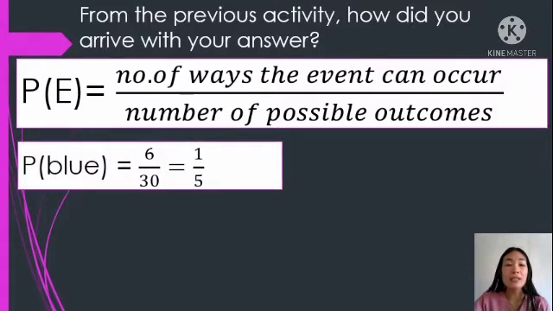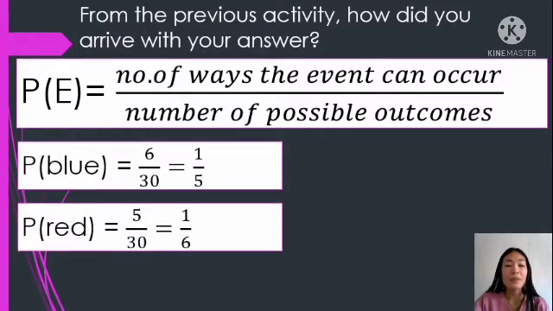Just like our example a while ago, probability of blue. Blue here is the event, scooping of a blue fish, and 6 here is the number of ways the event can occur. The denominator is the number of possible outcomes, or the total number of fish inside the aquarium, which is 30. And simplify, 1/5. Okay, another example here.